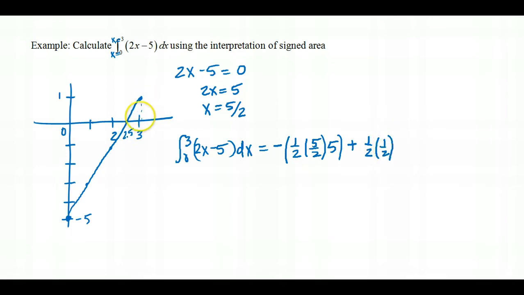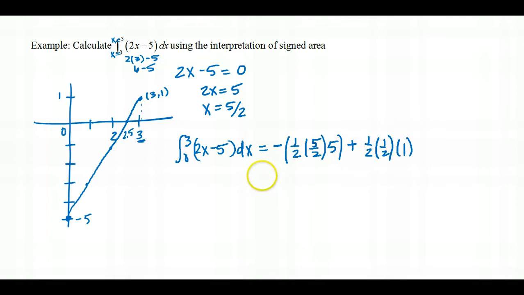And the height here of this little portion is up at 1 unit. And I can also check that point that comes out as 1 by substituting 3, the x-coordinate, into the function. So 2 times 3 minus 5 is 6 minus 5. So I get an output, a y value of 1. So I know this coordinate point is 3, 1. So that means the height here is 1.